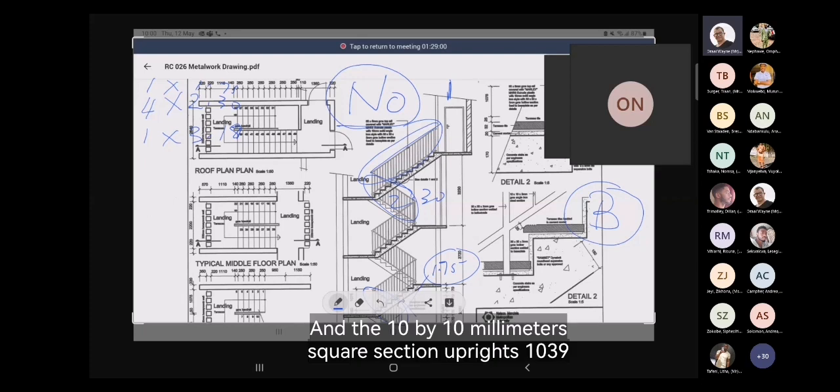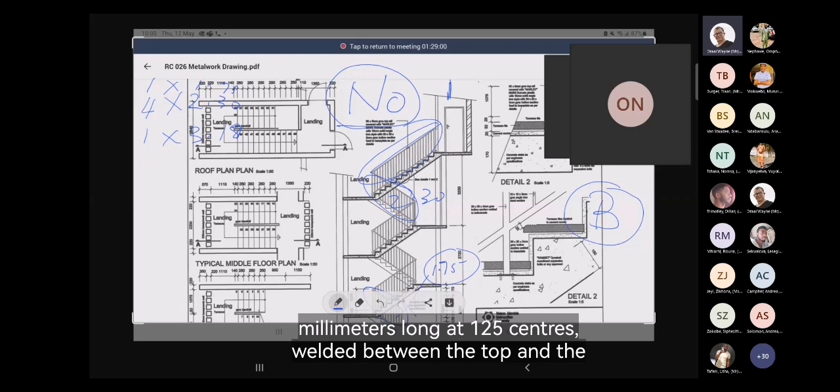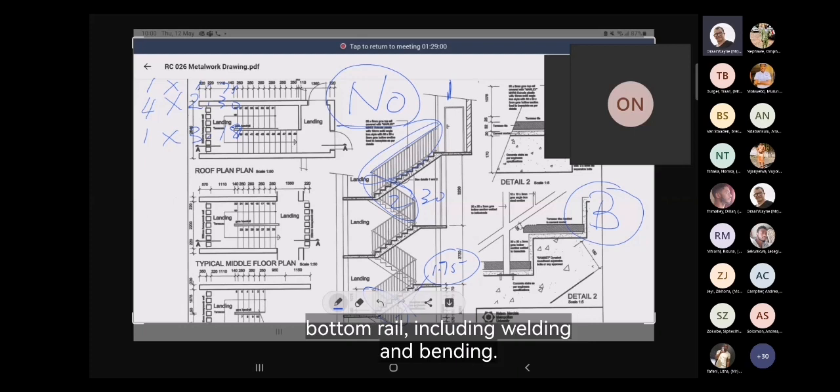And with 10 by 10 millimeter square section uprights, 1039 millimeters long at 1 to 5 centers, welded between the top and the bottom rail, including welding and bending.